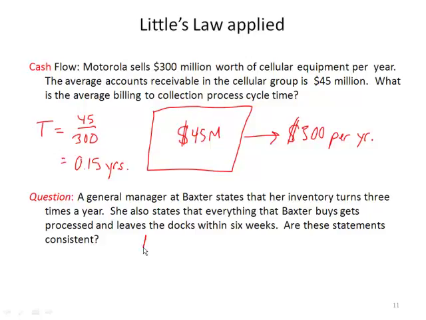So she's in effect saying that the time in the system is 1/3 of a year for her inventory. She also states that everything that Baxter buys gets processed and leaves the dock within 6 weeks. Well, that is not consistent with the statement that time is 1/3 of a year, unless you have an 18-week year. So she's off somewhere in her analysis. The statements are not consistent with one another.